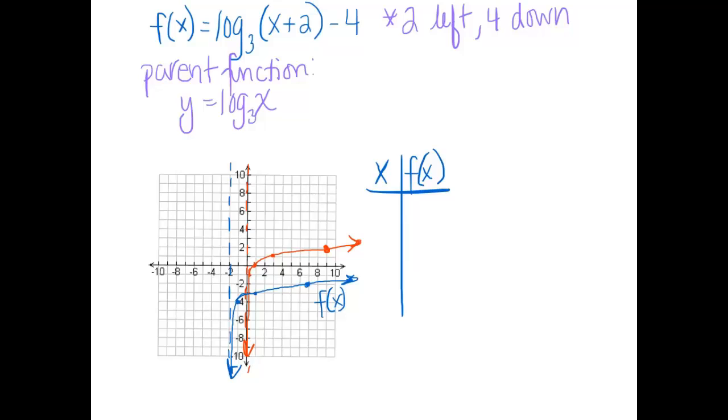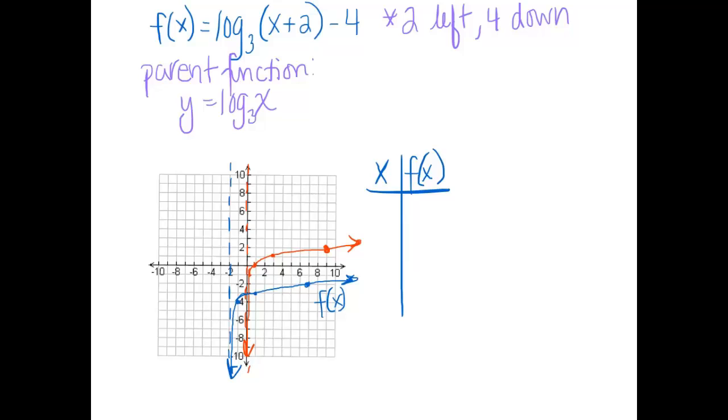I only want log base 3 of powers of 3. So because of that x plus 2, I just have to be careful about what I'm plugging in. For example, if I try to plug in the number 2, log base 3 of 2 plus 2 is log base 3 of 4, and that wasn't so friendly. Or if I try to plug in 3, I now have log base 3 of 5, which wasn't so friendly.